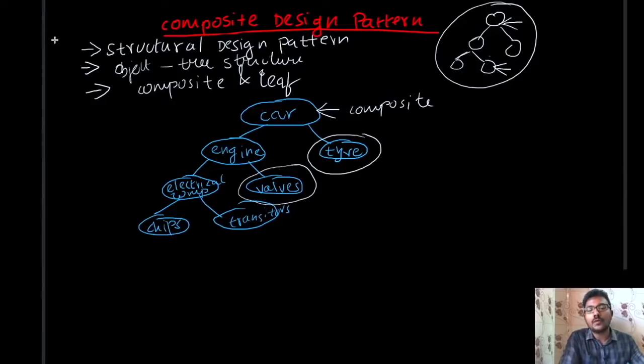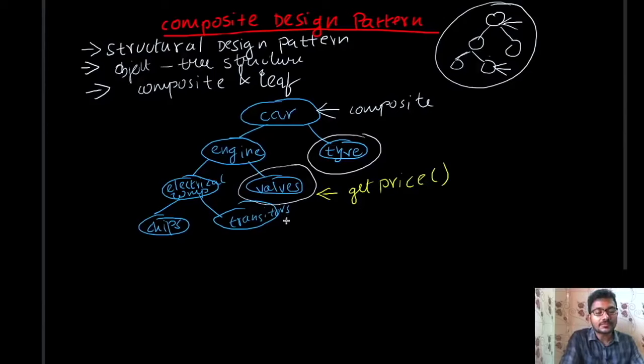Suppose you perform some operation on the child objects, for example getPrice, which is a method that can be applied on transistor objects, chip objects, valves, tires. If this getPrice operation is applied on all the leaf objects, then that operation should also apply on the composite objects called car, engine and electrical component.